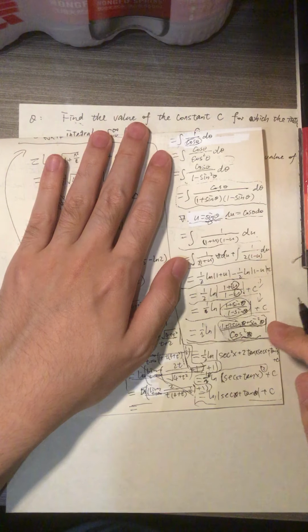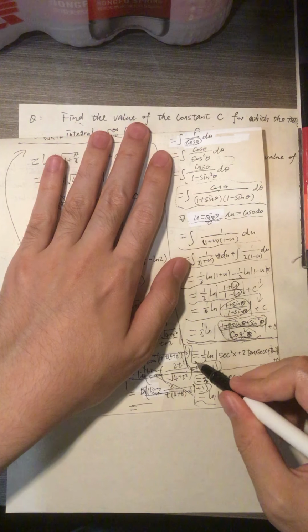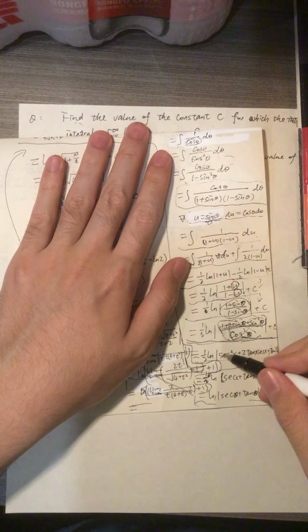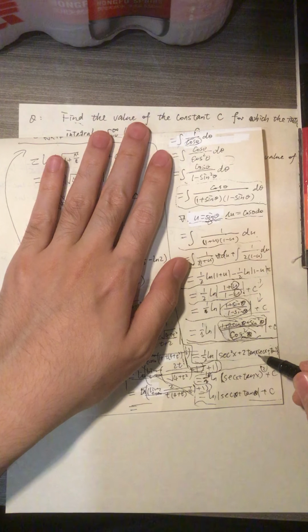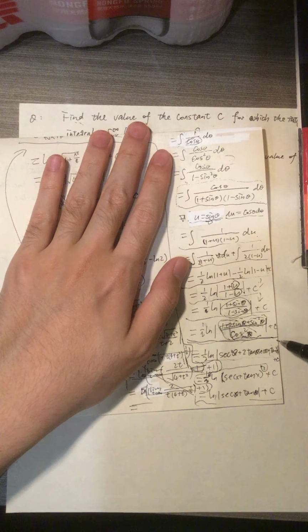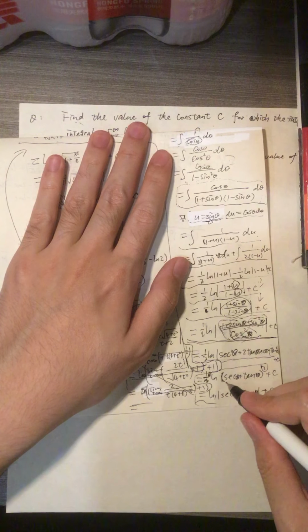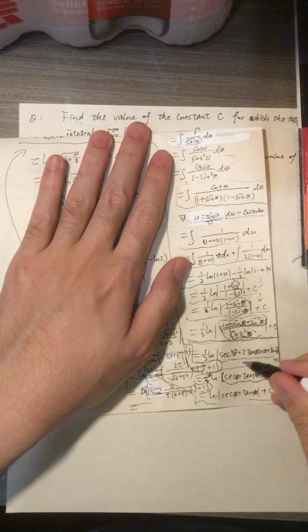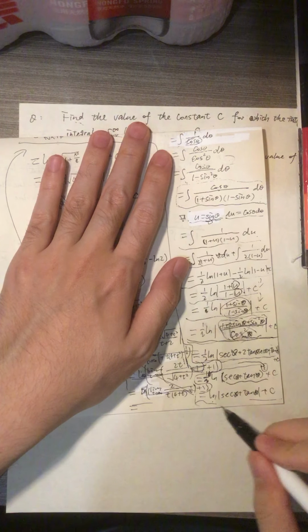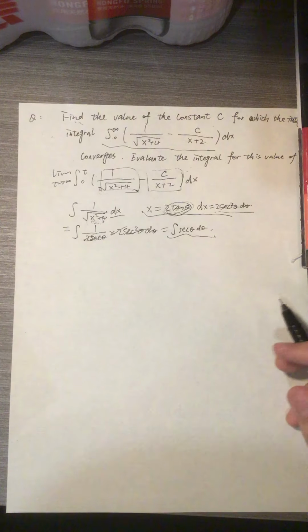Now we can divide each term inside the absolute value, and we get 1 over 2 log of the absolute value of secant squared theta plus 2 times tangent theta secant theta plus tangent squared theta, plus c. Inside the absolute value, it is actually the square of the sum of secant theta and tangent theta. We can take the power of 2 out of the logarithm, and we got log of secant theta plus tangent theta, plus c, right?